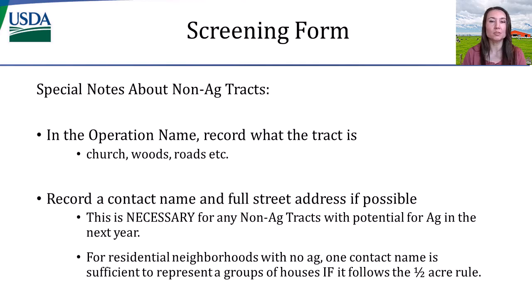If you have residential neighborhoods with no agricultural activity, then having one contact name who can represent a group of multiple houses is sufficient, provided that you're following the half-acre rule when grouping those houses together.